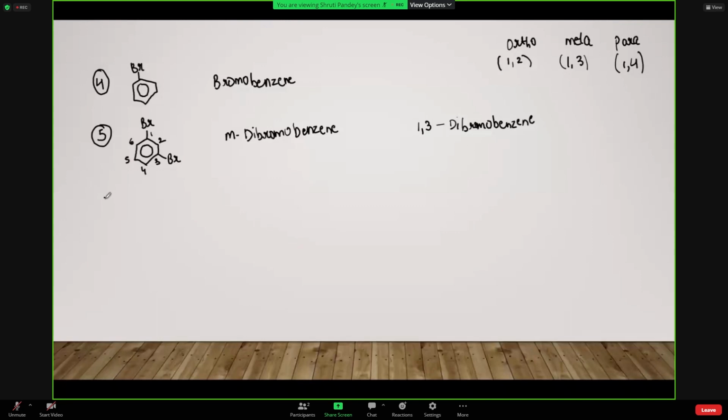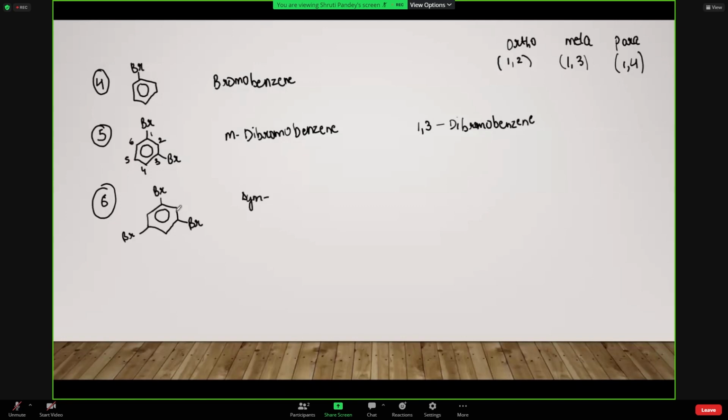Okay, and if we attach, like when there are three bromine atoms. Okay, so common name में we simply call it as SIM.